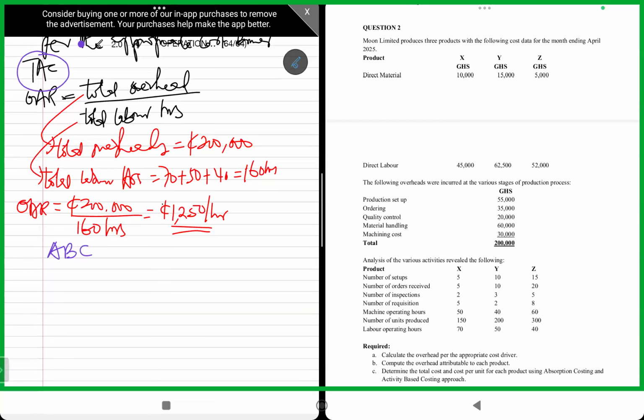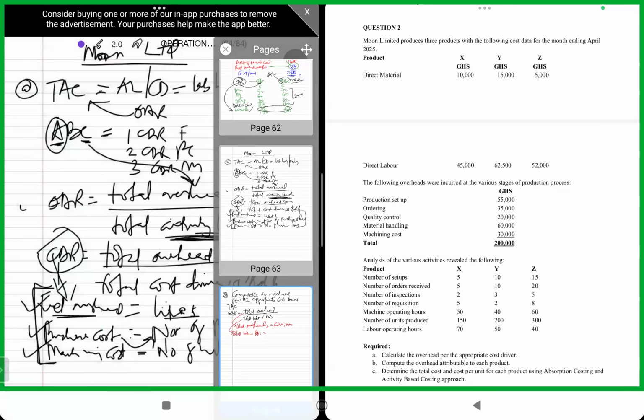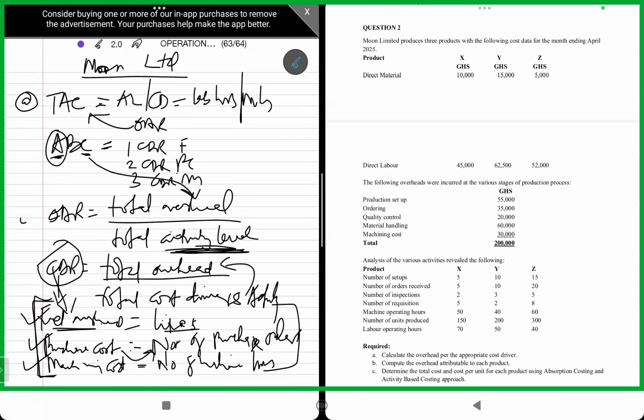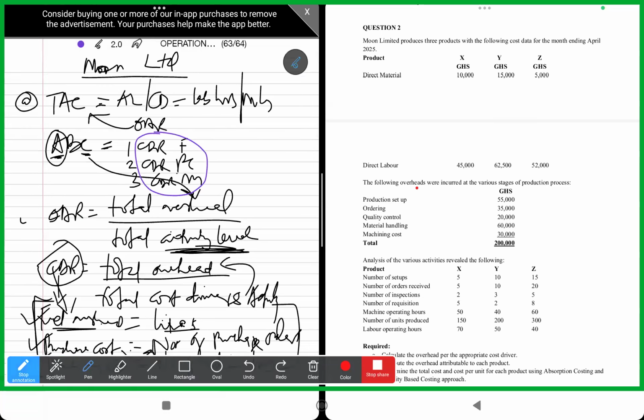And we said the activity-based costing, like I explained earlier here, I can find the CDR for each of the overheads we see there. Here we have production setup as an overhead cost. All these are overheads.